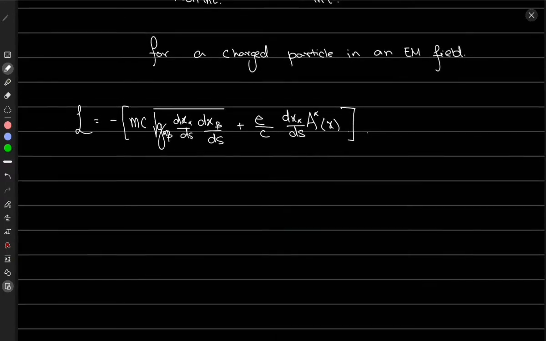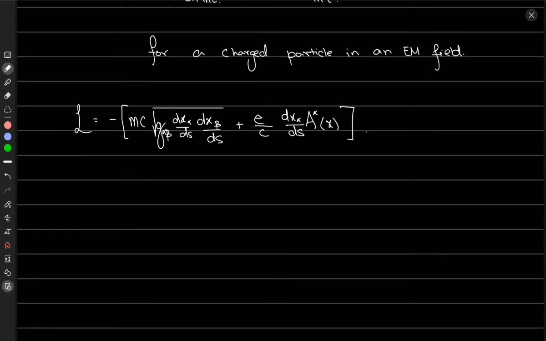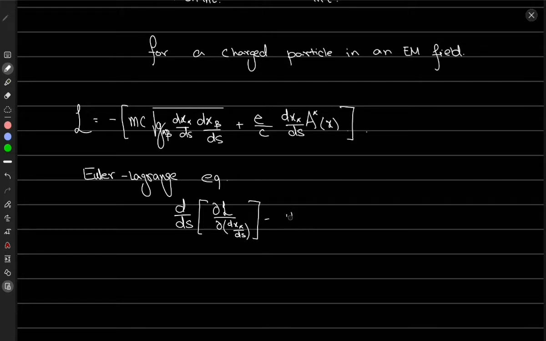Now we know from classical mechanics that we can use the Euler-Lagrange equation to derive the equation of motion for a particle that follows this particular Lagrangian. So we know that the Euler-Lagrange equation is d over ds, where s is the position coordinate or the generalized coordinate, of partial L over partial dx alpha over ds, right? And then you subtract the derivative with respect to the space-time coordinates of the Lagrangian L and set it equal to 0.